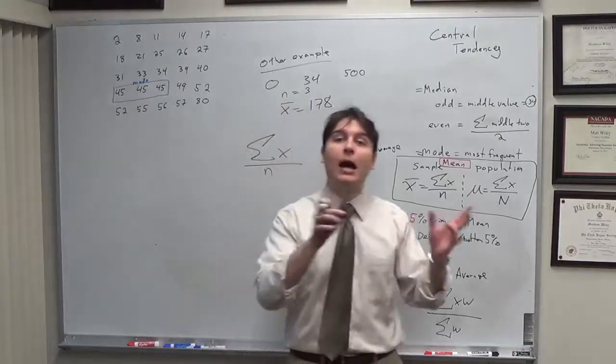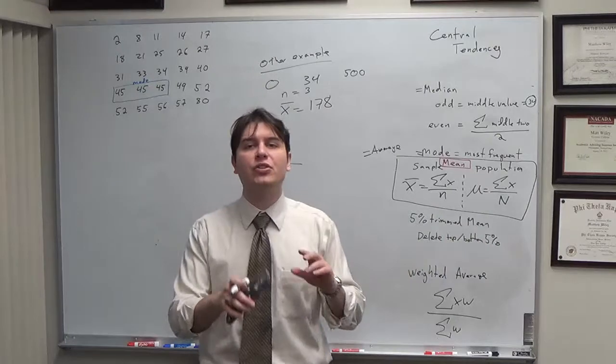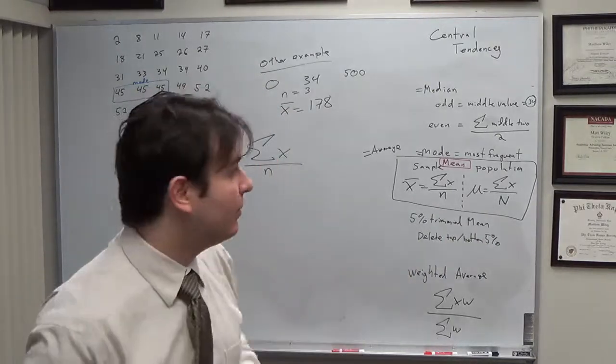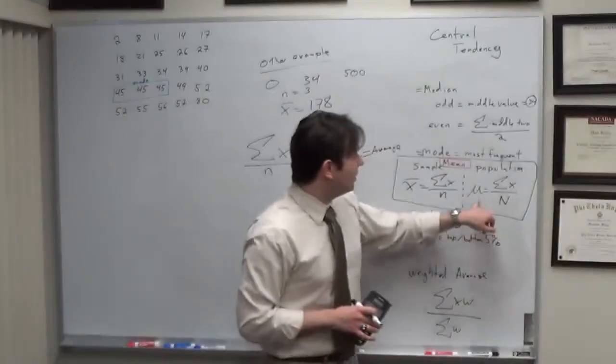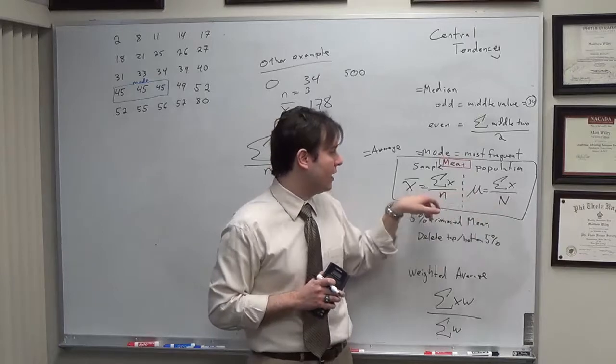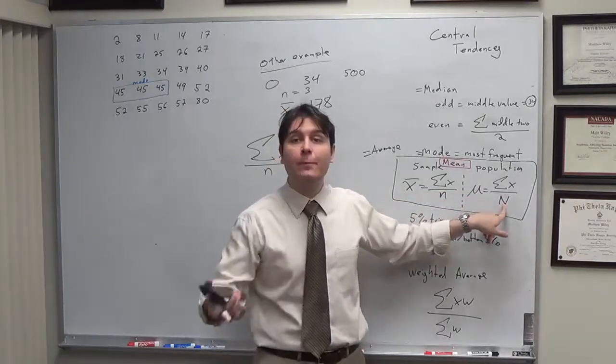Sometimes, though, we talk about populations. And when we discuss populations, you can know right away from the formula if we're dealing with samples or populations, because populations will use lowercase Greek letters, not lowercase Latin. And if they do use Latin letters, they'll use uppercase.